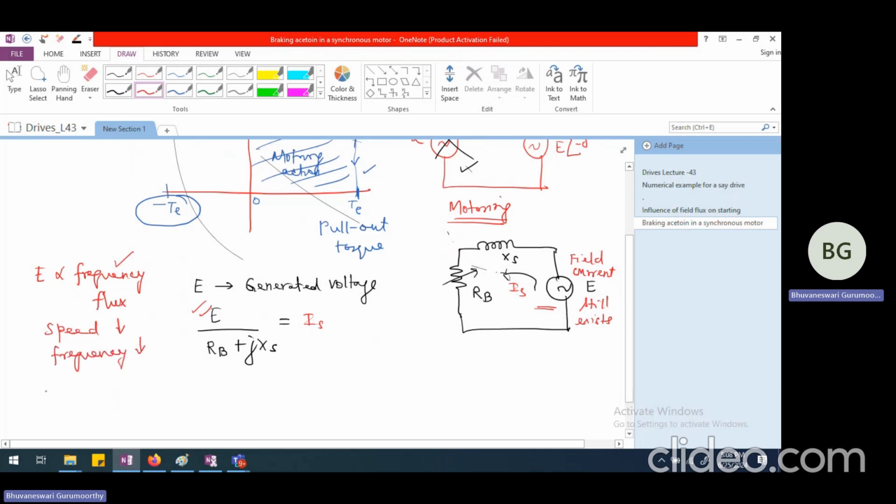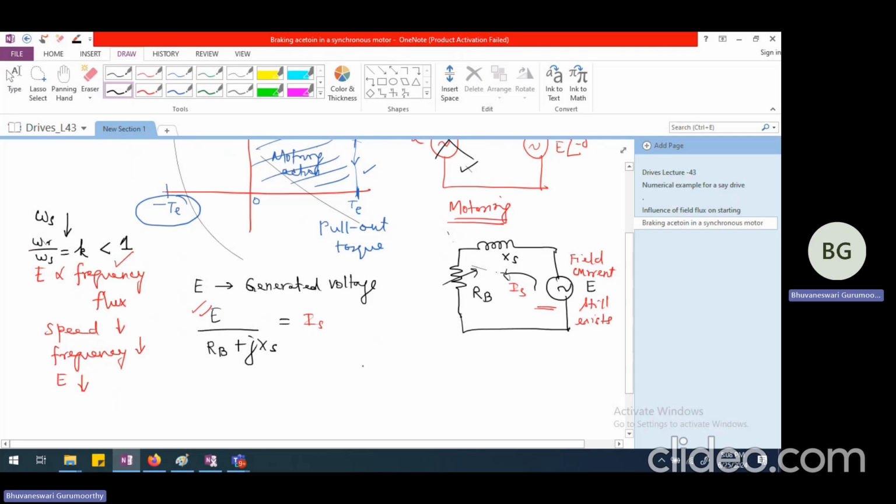And because the frequency comes down, the magnitude of the induced EMF will also come down. All of them will come down. So if the speed had been synchronous speed, from synchronous speed, this is going to come down. So we say that the present value of rotor speed divided by the synchronous speed is some k. This k will be less than 1 because the speed is coming down.